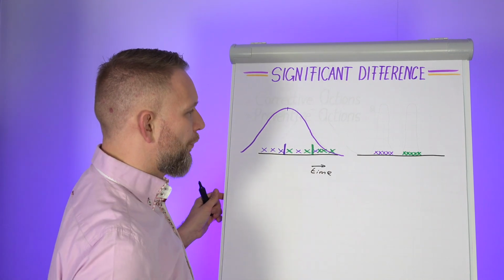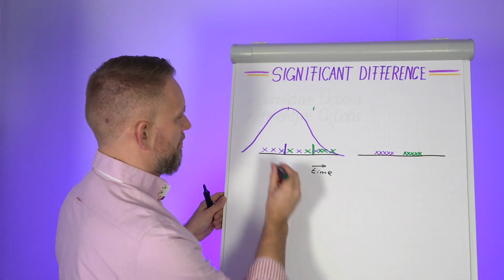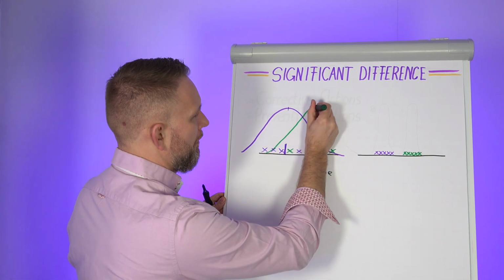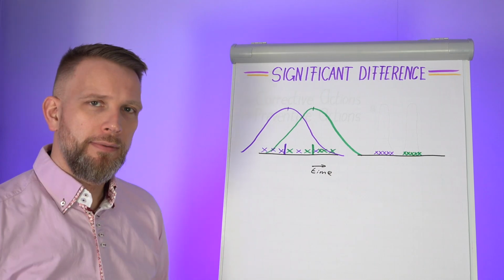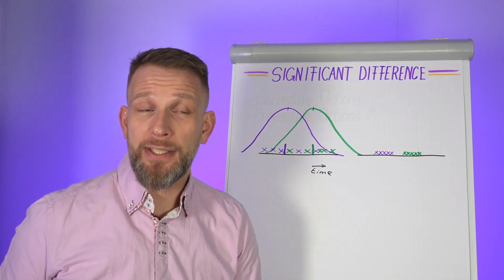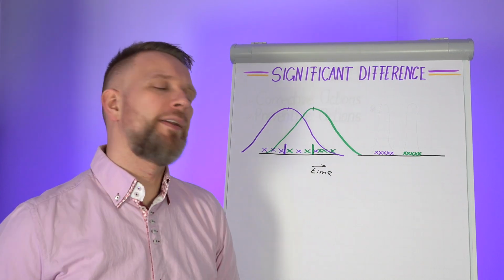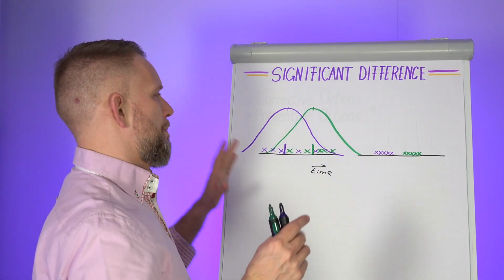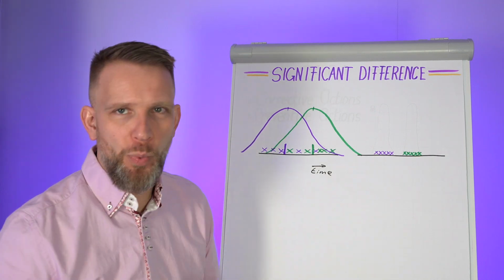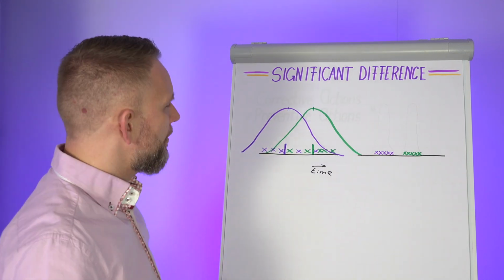And if we do the same for the green ones, we see this mean, and based on this, a statistical test, a t-test, will say no, there is no significant difference. Here's where what the test is doing in the background comes along.